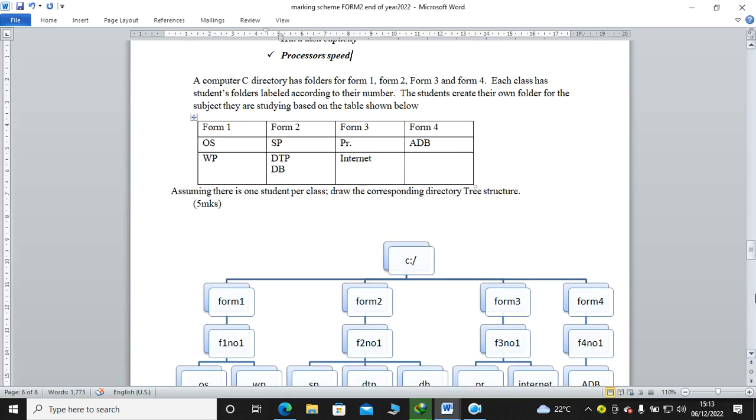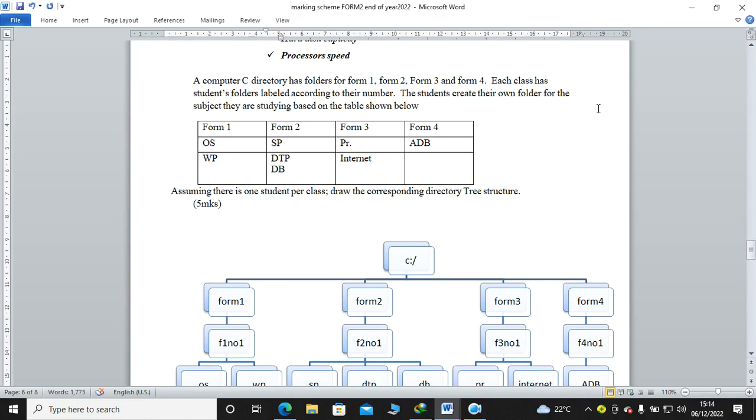Then we have this question from Form 1, that is the file folder tree. So a computer C directory has folder Form 1, Form 2, Form 3, and Form 4. Each class has students folder labeled according to their number. The students create their own folder for the subject they are studying based on the table shown below.